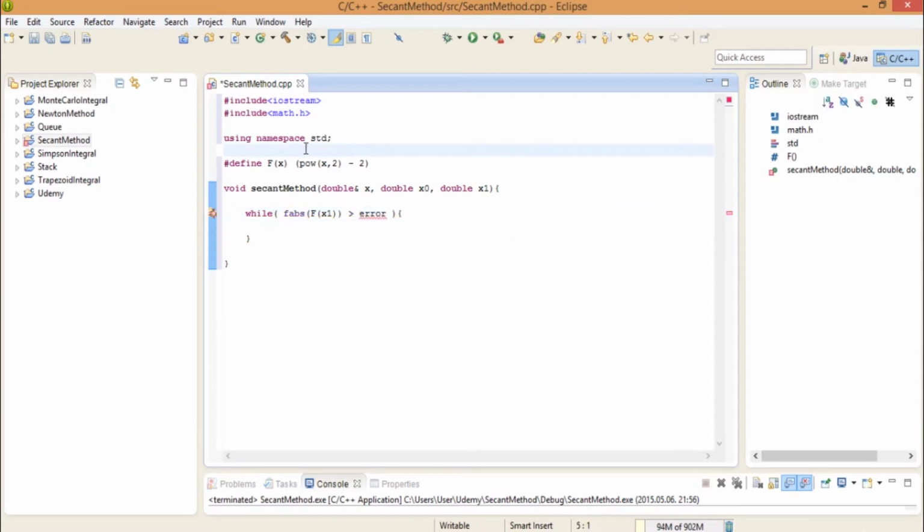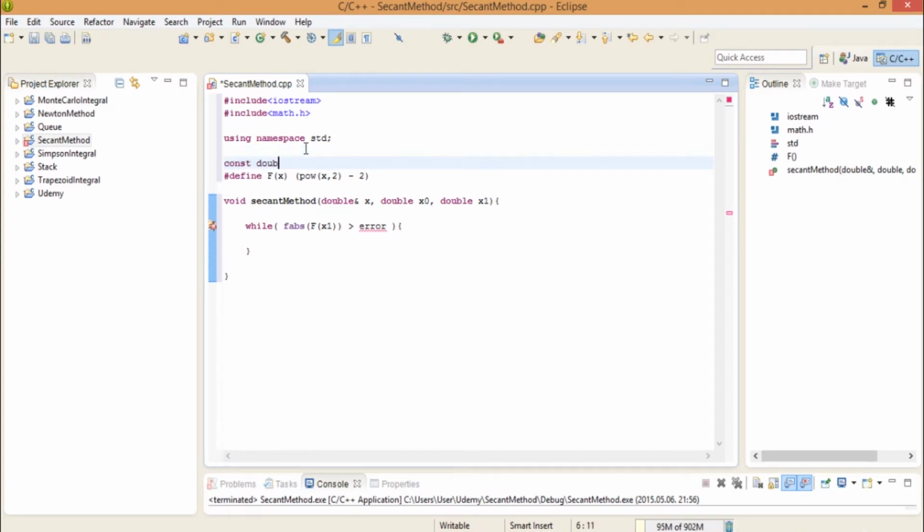Of course, I forgot to define the error term, so we have a constant double error is equal to 0.001, for example.